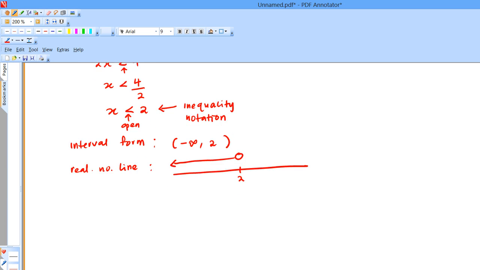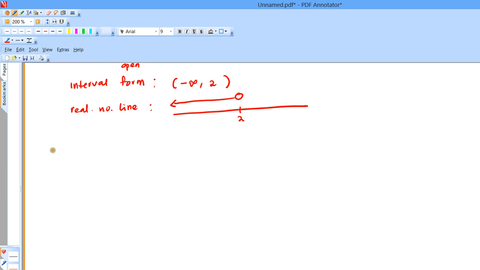Okay, next, second example. We have 6 minus 2x greater than or equal to 3. So just bring the constant to one side. So we have negative 2x greater than or equal to 3 minus 6, or negative 2x greater than or equal to negative 3.